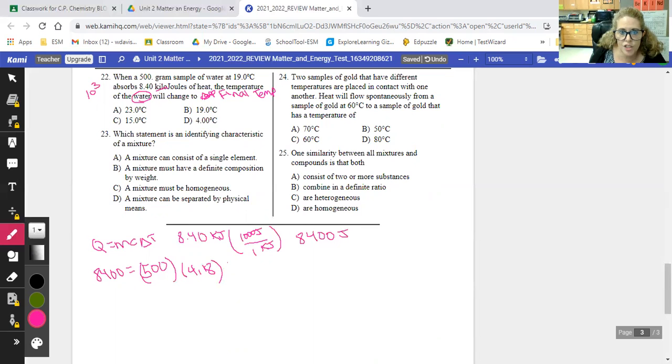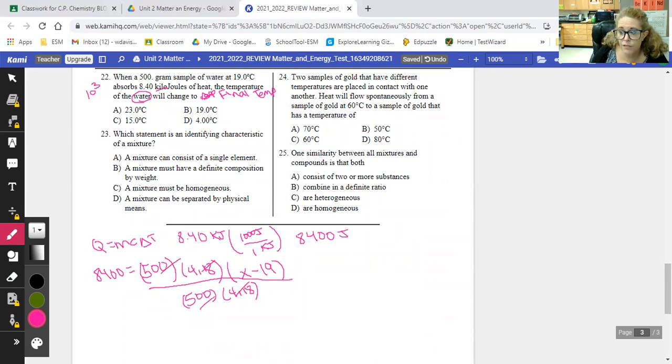And now I have the change in temperature part. I want the final temperature, so that's final temperature minus the initial temperature, which is 19 degrees. Okay, so I walked through a bunch of these already in class, but now I'm just going to go through. I want to get rid of the 500 and the 4.18 because that's multiplied towards my x minus 19, right?